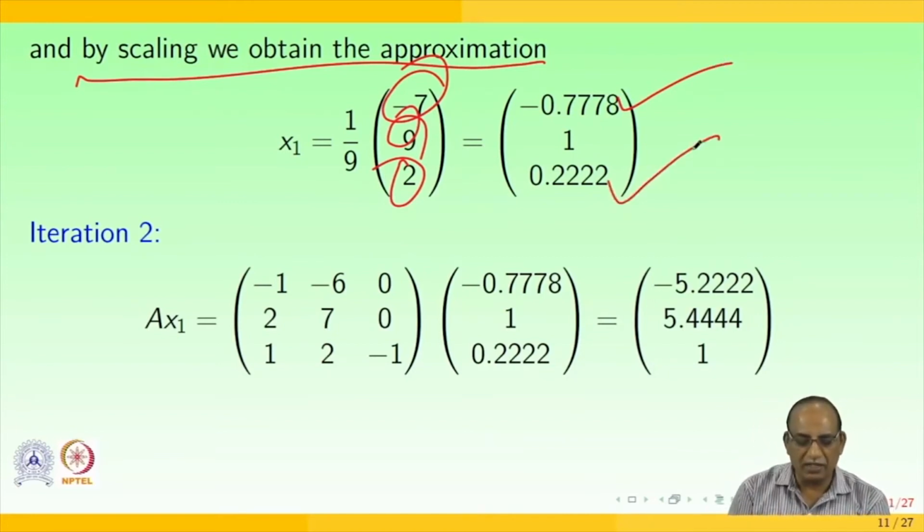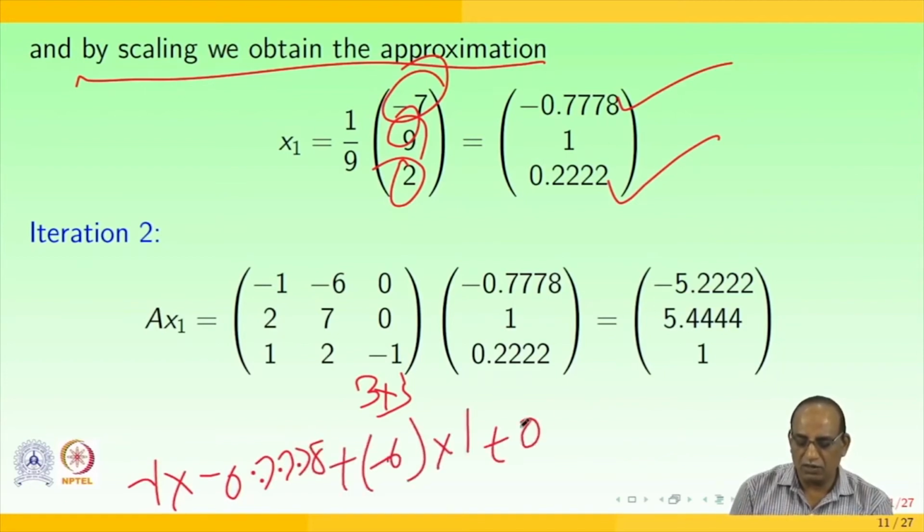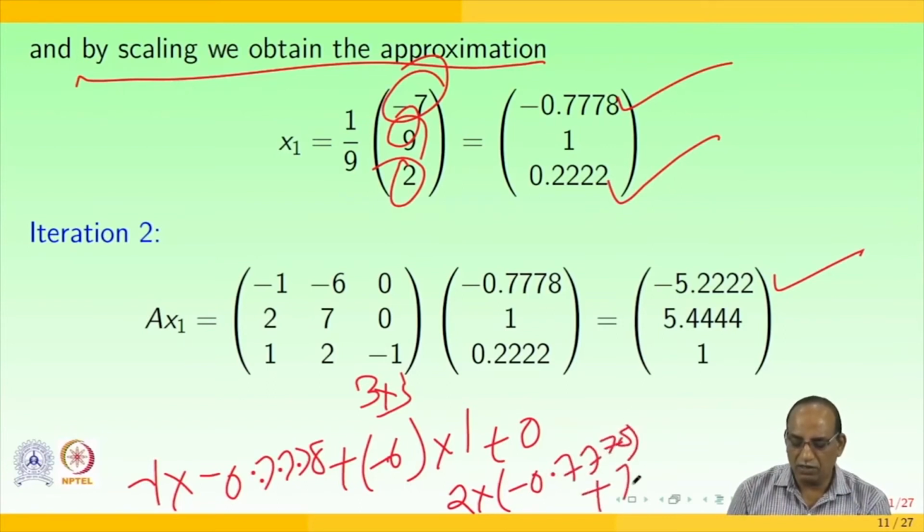So in the second iteration you multiply with AX1. So this is the 3 by 3 matrix, and you multiply with this. It is -1 into minus 0.778 and -6 into 1 plus 0. In the second entry it is 2 into minus 0.778 plus 7 into 1.